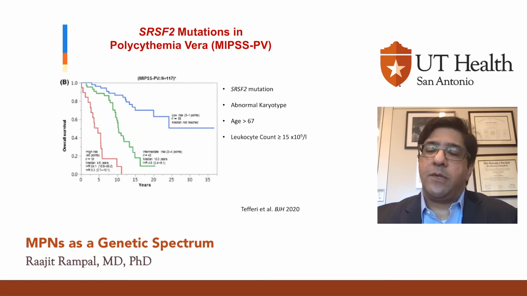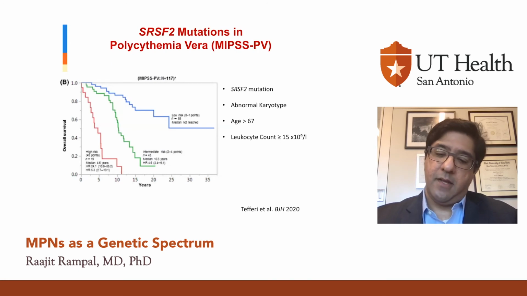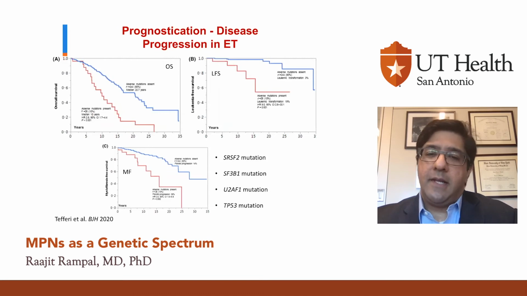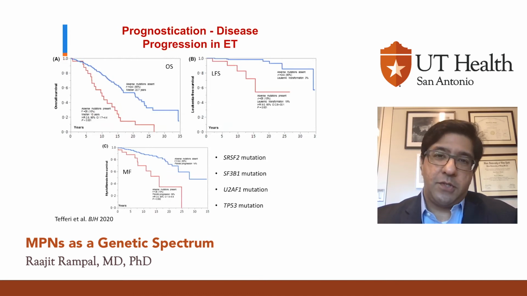And in this particular instance, the presence of the SRSF2 mutation appears to increase the risk of disease progression in this data set. In a similar fashion, it also appears that splicing factor mutations and p53 mutations play a role in the risk of disease progression for patients with essential thrombocythemia.